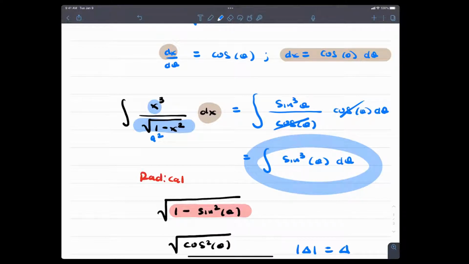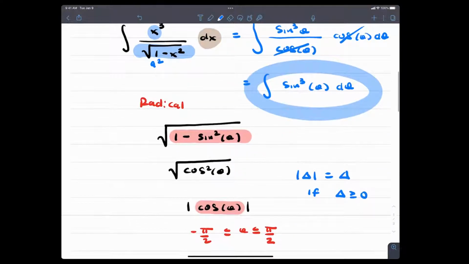So this substitution, using x is simply sine theta, that one substitution drives this integral. It just simply becomes sine cube theta. Okay, you guys okay with that?